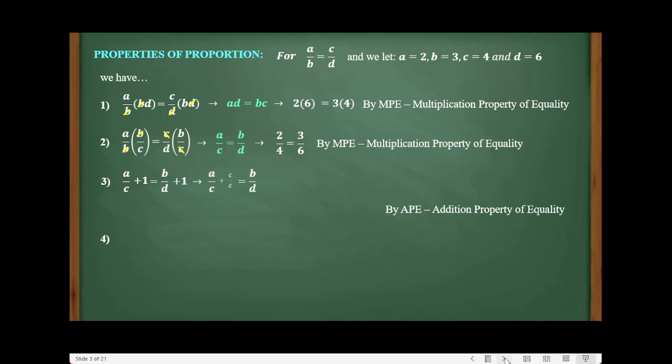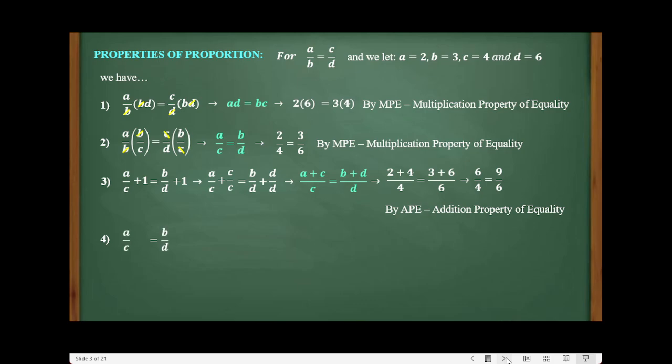So the resulting equation will become A plus C all over C equal to B plus D all over D. Validating the new equation, the result is still the same: 6 over 4 is equal to 9 over 6. If we simplify both sides, it will result in the same fraction, which is 3/2.